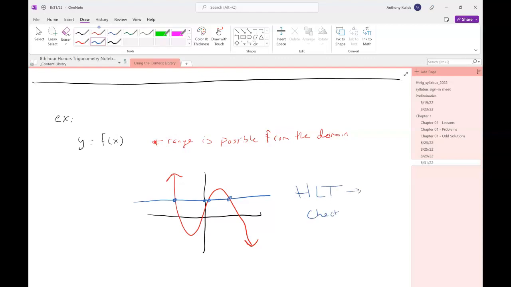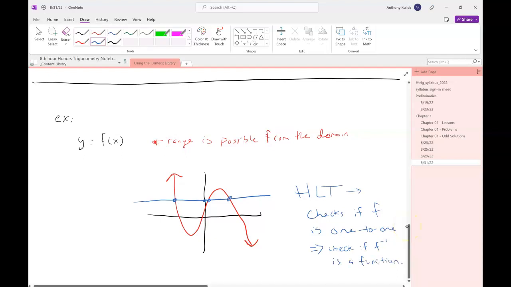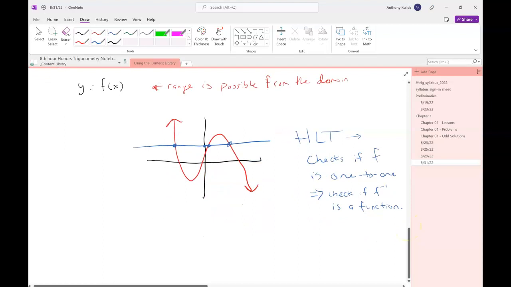What this does is it checks if f is one-to-one, and that is equivalent to checking if f inverse is a function. So that is an equivalent statement: if we have a function that's defined as an equation or as a graph, that's good enough.